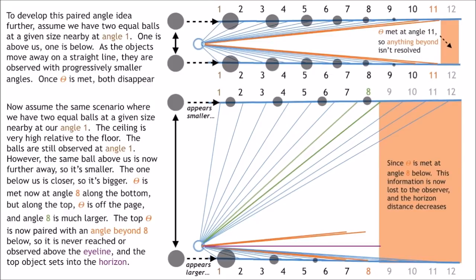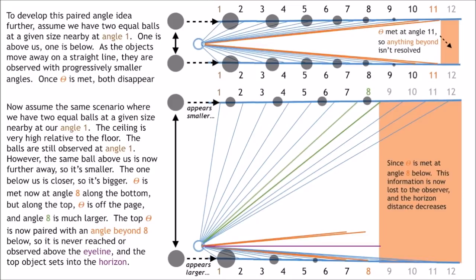So the top theta is now paired with an angle beyond angle 8 below it, and angle 8 is what set our lower horizon distance already, and so it's never reached along the top. Essentially what you'll observe is that the top object, the ball in this case, will now set into the lower horizon line.